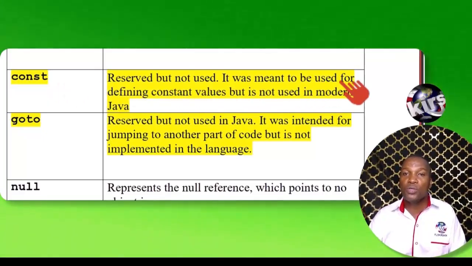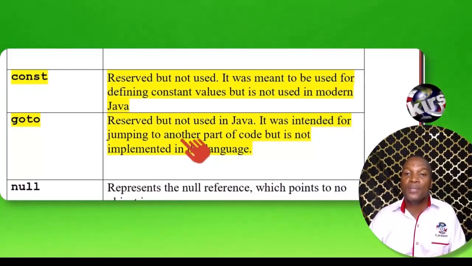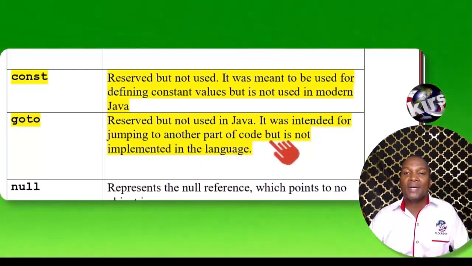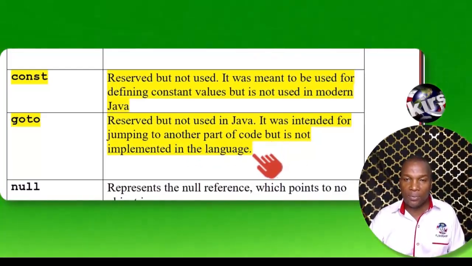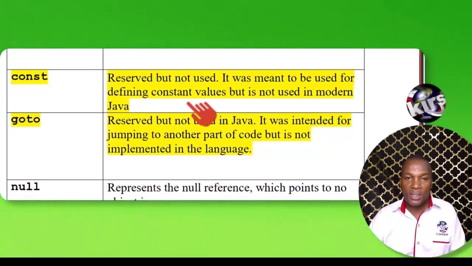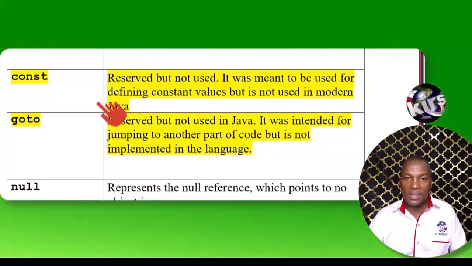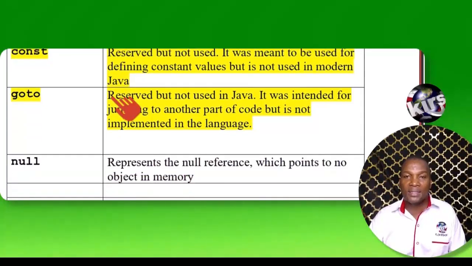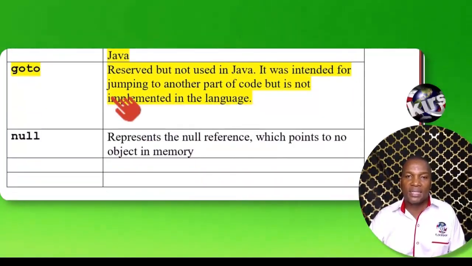It was meant to be used for defining constant values, but it's not used in modern Java. Then goto, which is reserved but not used in Java. It was intended for jumping to another part of code, but is not implemented in the language. You will find these two keywords still relevant in C, but in current Java, we don't have this.